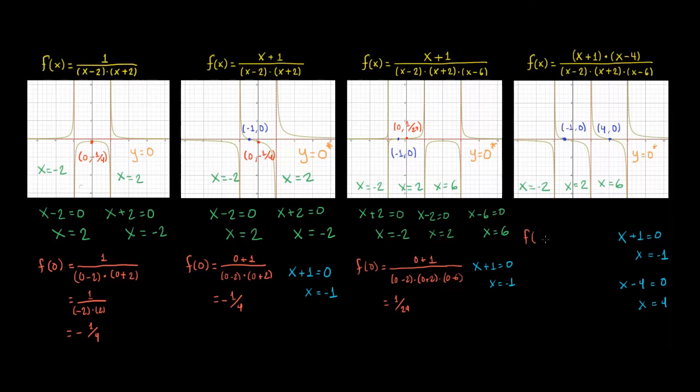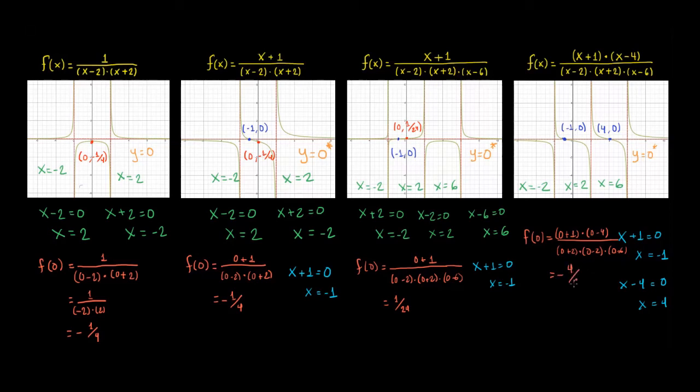It's f of 0. We have to evaluate the function for 0, and we get 0 plus 1 times 0 minus 4 over 0 plus 2 times 0 minus 2 times 0 minus 6. Oops, I'm running out of space here. Well, this will be equal to negative 4 over 24.